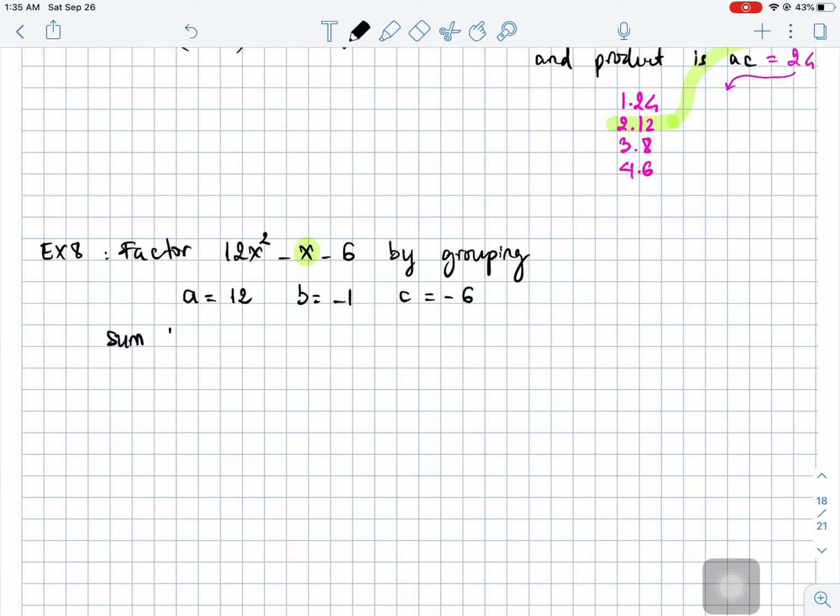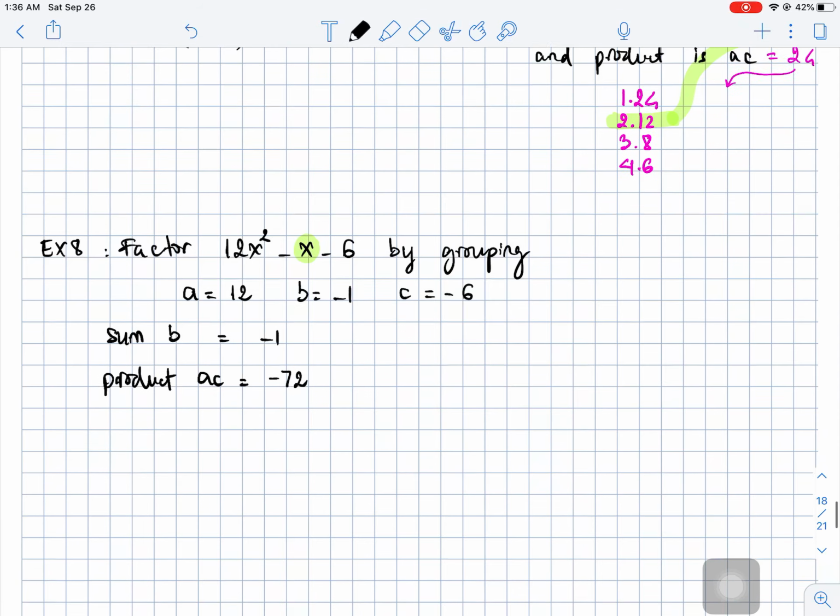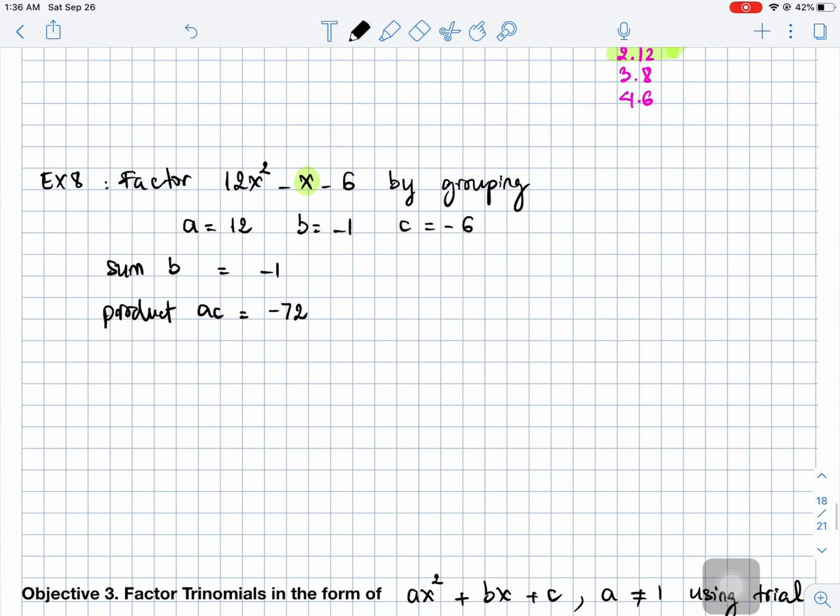We want to break the middle term. We need to find 2 numbers whose sum is B, and whose product has to be A times C. B is negative 1, and A times C, 12 times 6, is 72, and it's negative.